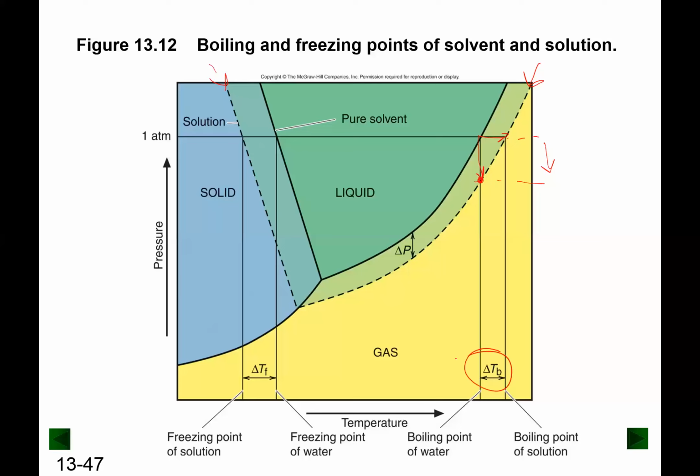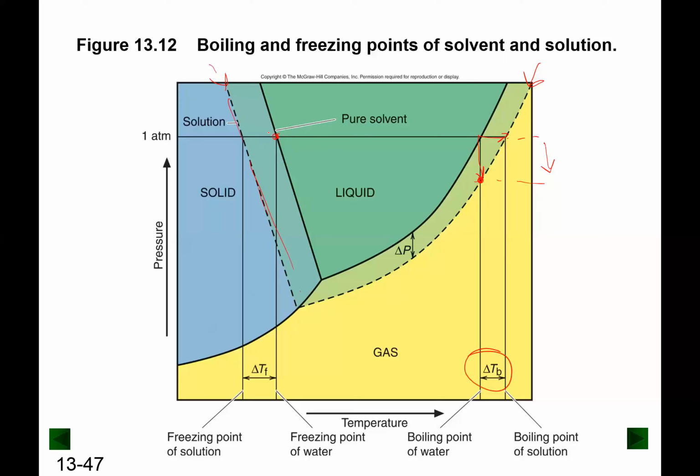Now, similarly, we see not only does this part of the phase curve change, this part of the phase curve changes over here. Okay, and so what we see then is our next colligative property is freezing point depression. So for pure solvent, we have a freezing point here.